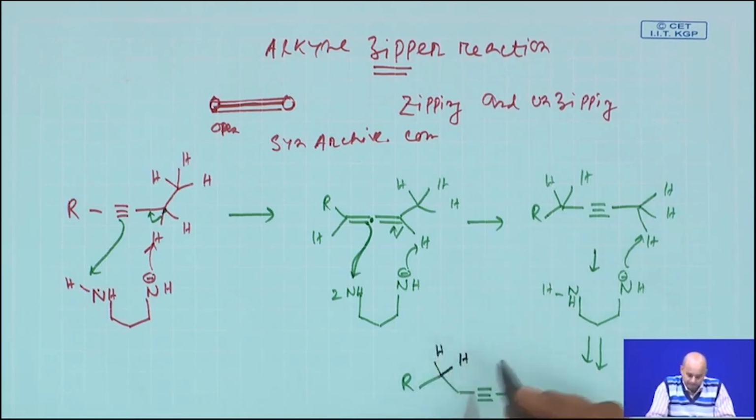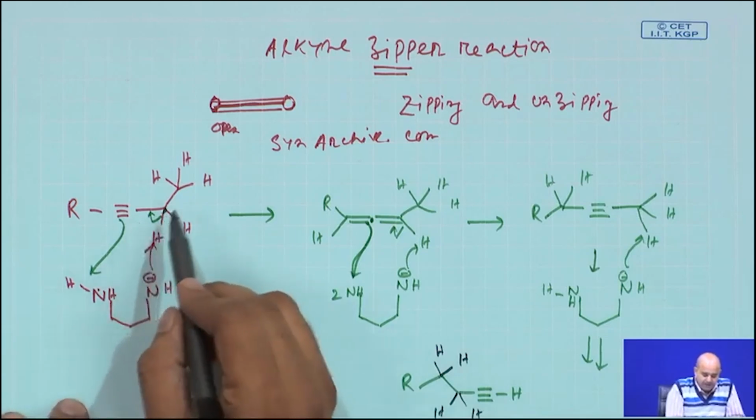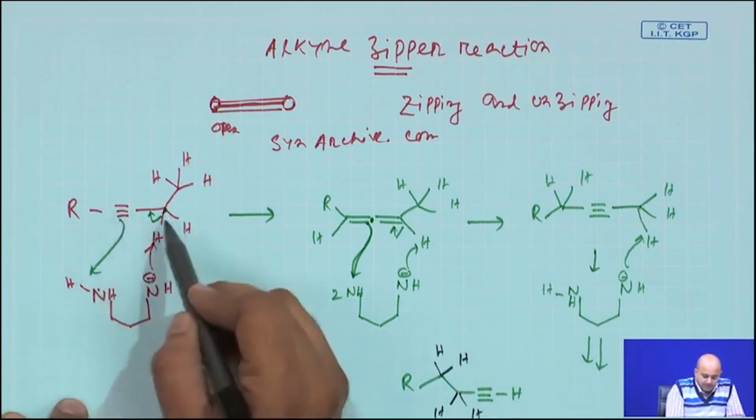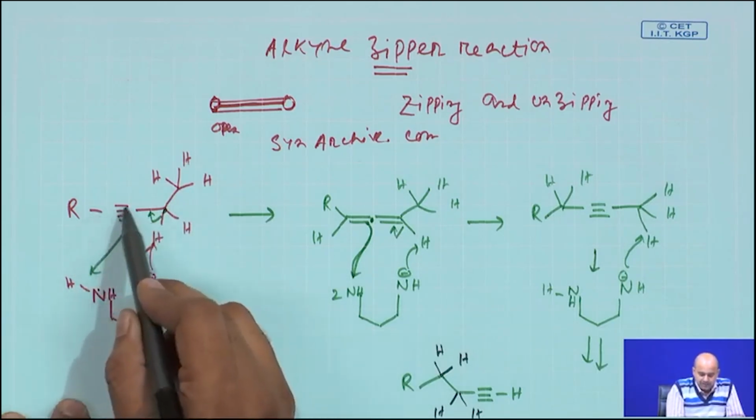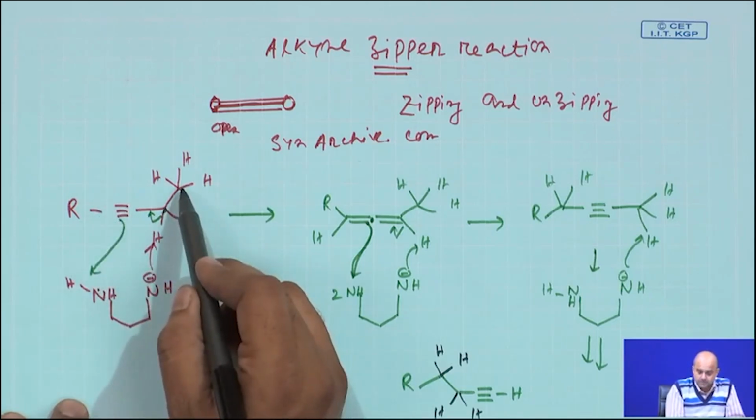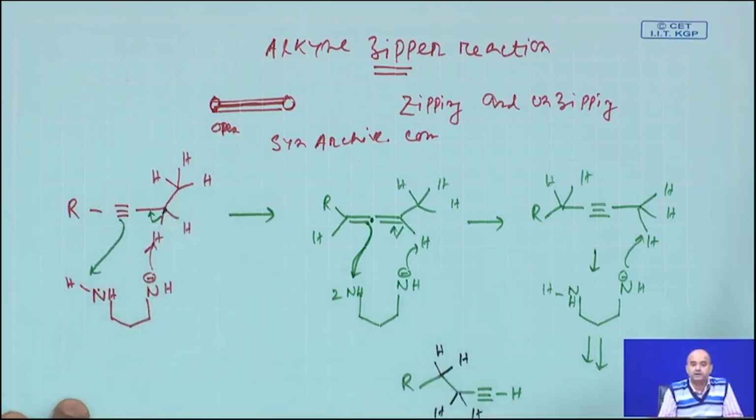So, initially you have two methylene groups on the right hand side and an internal alkyne. Now, these two methylene groups have shifted towards R, and the internal alkyne moves to the extreme right. This is basically the zipper reaction.